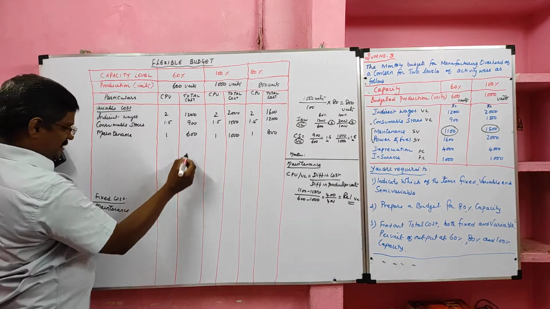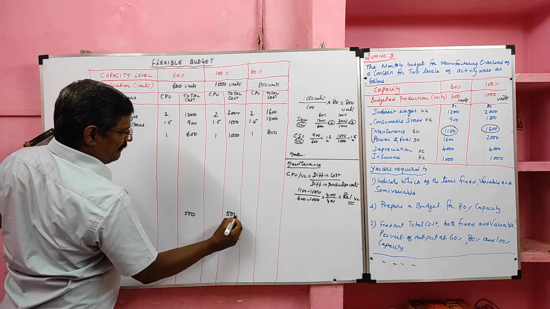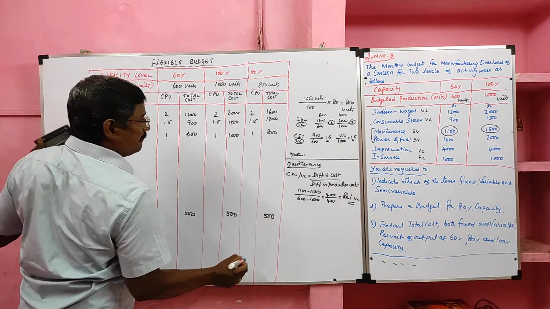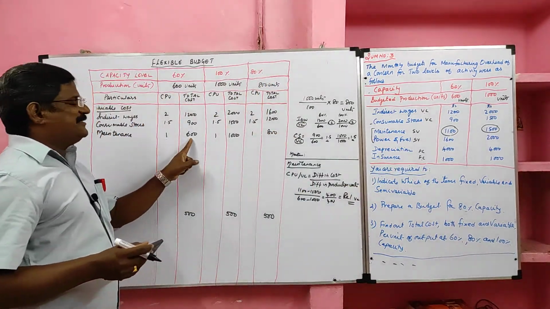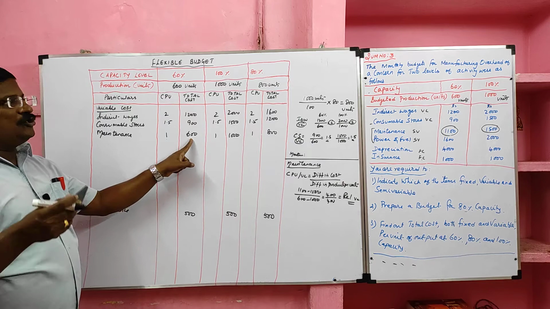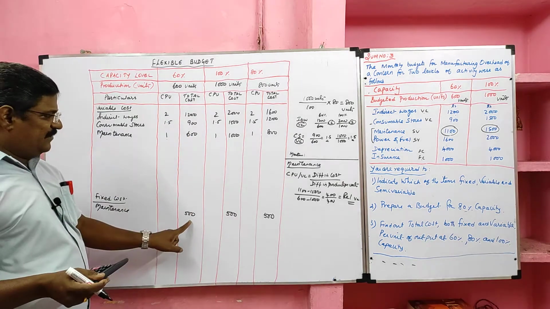So balance 500 rupees is fixed. It remains constant at all levels of activity. Once again, total cost incurred 1100, of which 600 is considered to be variable. So 1100 minus 600 variable cost, we will get the fixed cost.